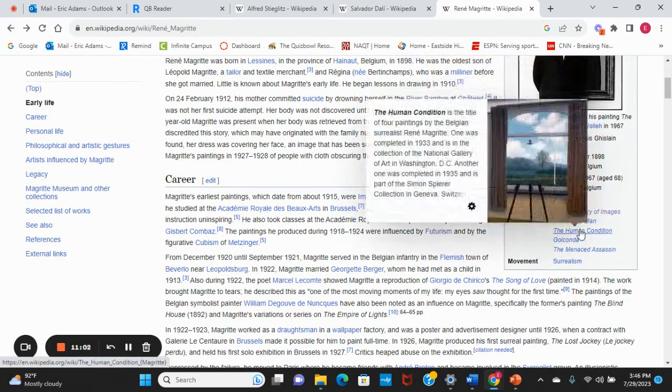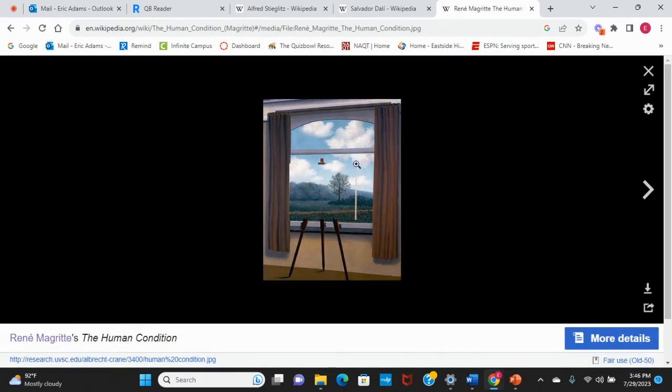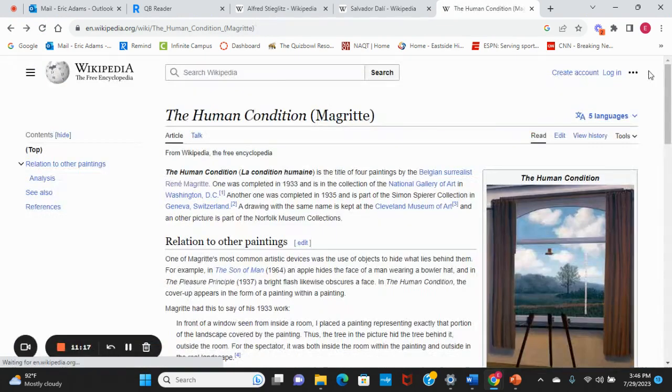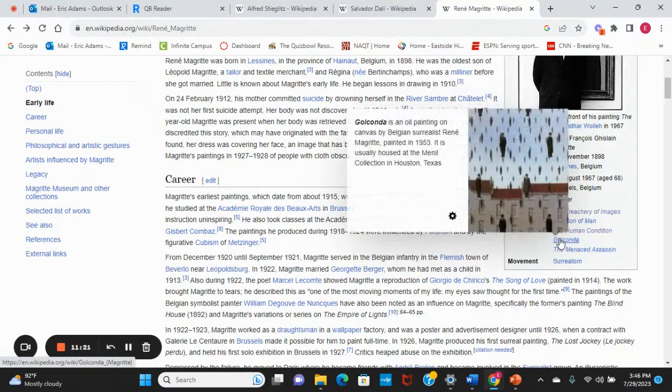Of course, we already looked at Son of Man. The Human Condition, we did not, but you can see a floating hat on the outside of a window that is there with an easel, without the part missing, but it is the easel, a part that is painted to where it looks like you're looking out the window. So that would be, of course, The Human Condition. And then the other one that comes up quite a bit would be Golconda.